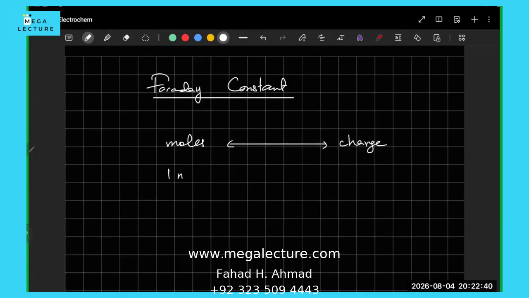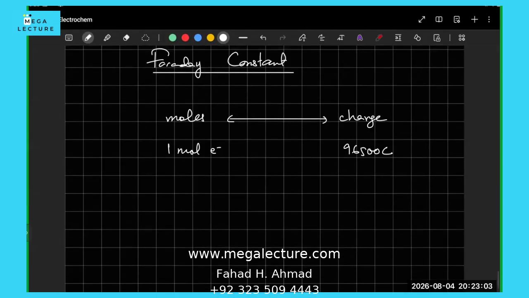So 1 mole of electrons has a charge of 96,500 coulombs. So you can use ratios and figure out, okay, अगर 2 moles होगा, what would be the charge? 3 moles, what would be the charge, right? Is that clear? So moles of electrons converted into charge or charge converted back into moles of electrons. So it is helpful in that conversion. Okay? You clear?